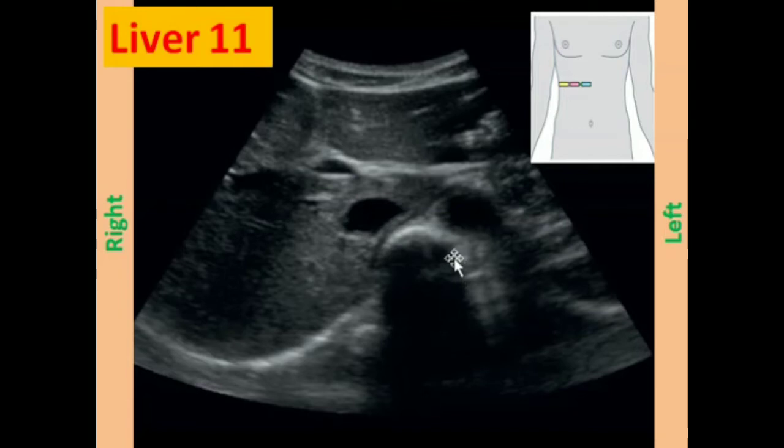Immediately anterior to the bodies of the vertebrae, the aorta and the IVC are appreciable in their short axes. These are hypoechoic areas. Above the vessels, the liver will appear as isoechoic.